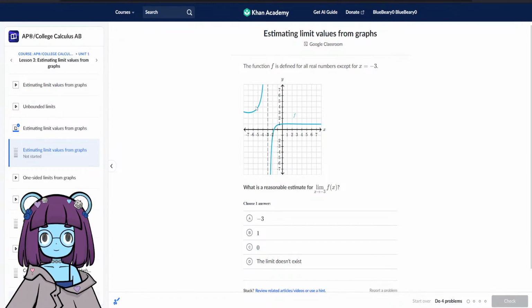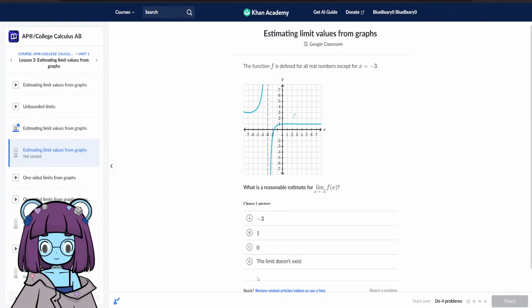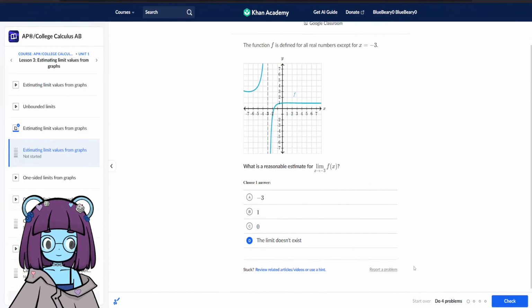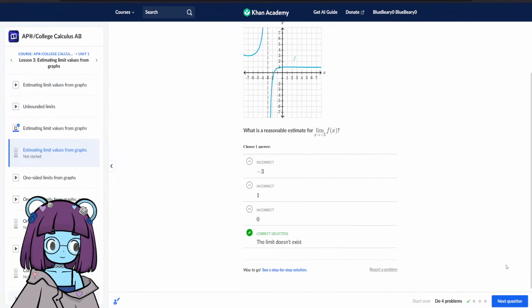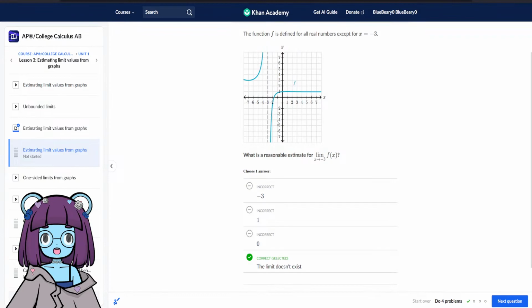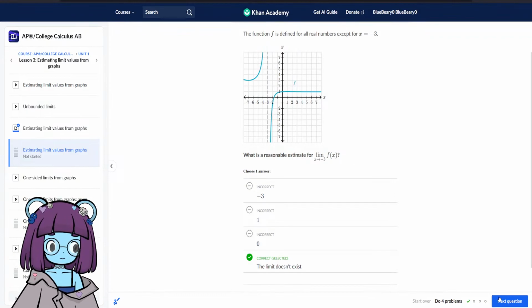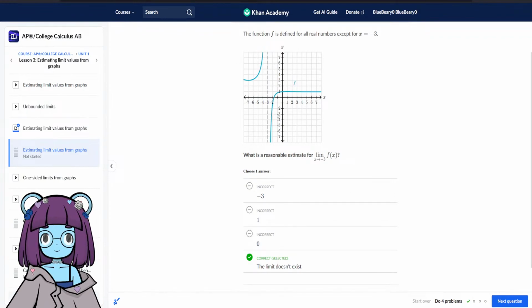Undefined. But it goes like up and then it goes down. It goes down from the right side and goes up from the left. I'm assuming the limit doesn't exist. Yay! Yeah, because it doesn't converge to a single point, even if it is undefined.